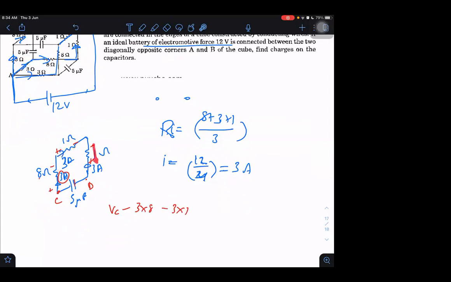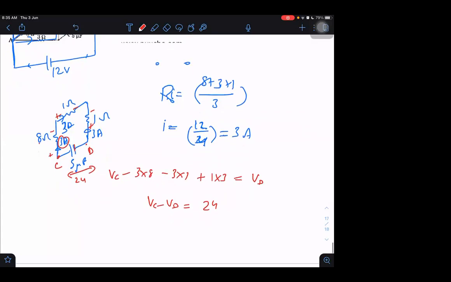But here, observe, going from plus to minus against the current, so it will be plus 3 times 1, which is finally equal to VD, as we are reaching D. So VC minus VD is 24. 24 volts is appearing across this.